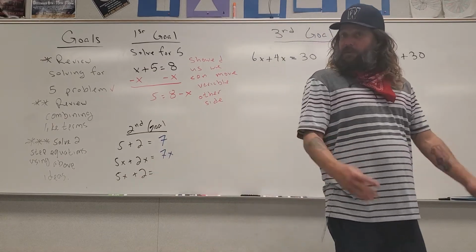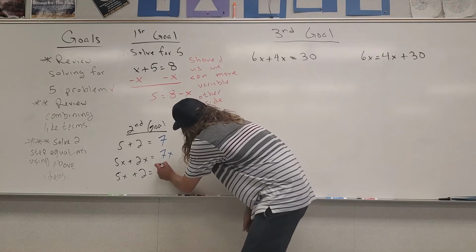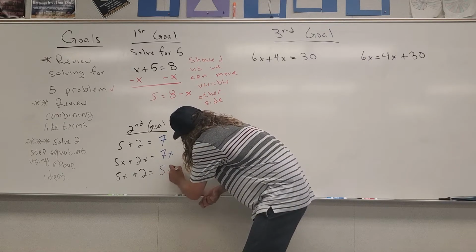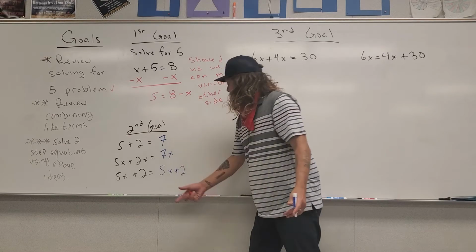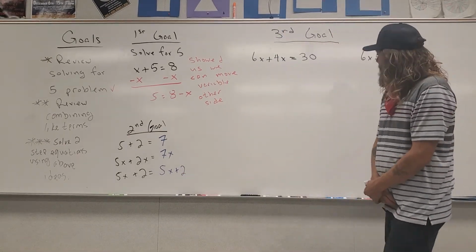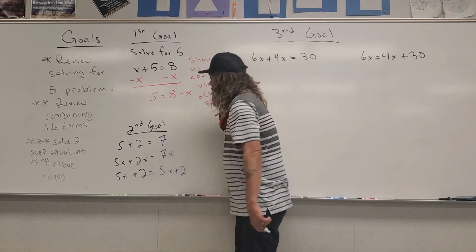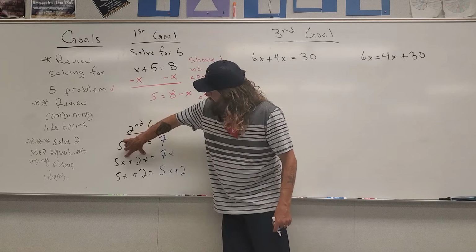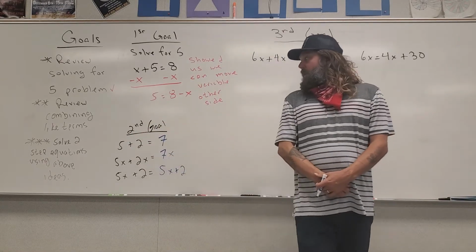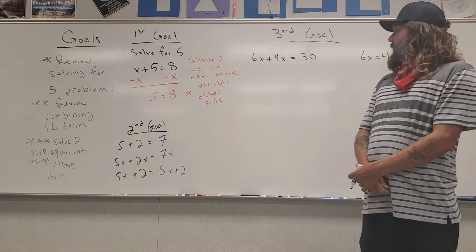So I don't know how to put together 5x and 2, so I'm just going to leave it as 5x plus 2. I can't put it together, so you can't combine them. So with adding together numbers, that's technically combining like terms, as well as adding together numbers that have the same variable attached to them. So pretty simple second goal. I'm going to put a check off of that.